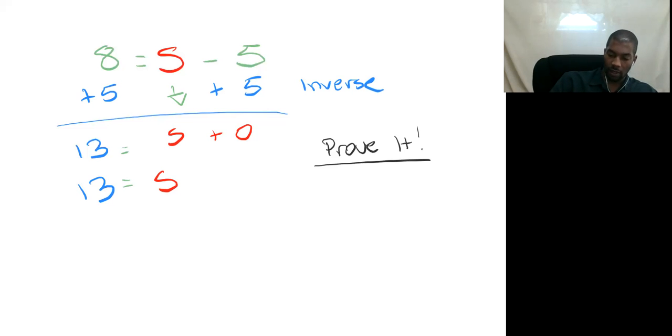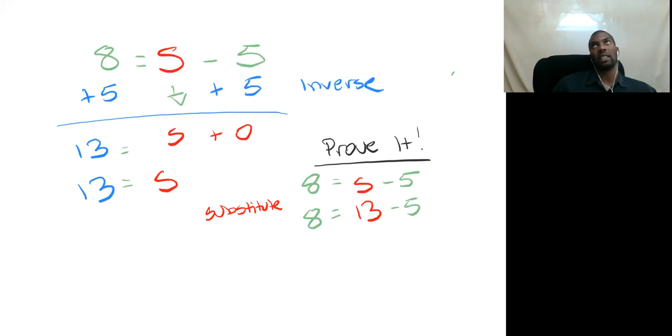We have 8 here. We have s minus 5 on this side. That's a minus sign, sorry. Let's make it a little thicker. All right, I need to replace, or substitute is the word, substitute 13 for s. And let's see. What is 13 minus 5?